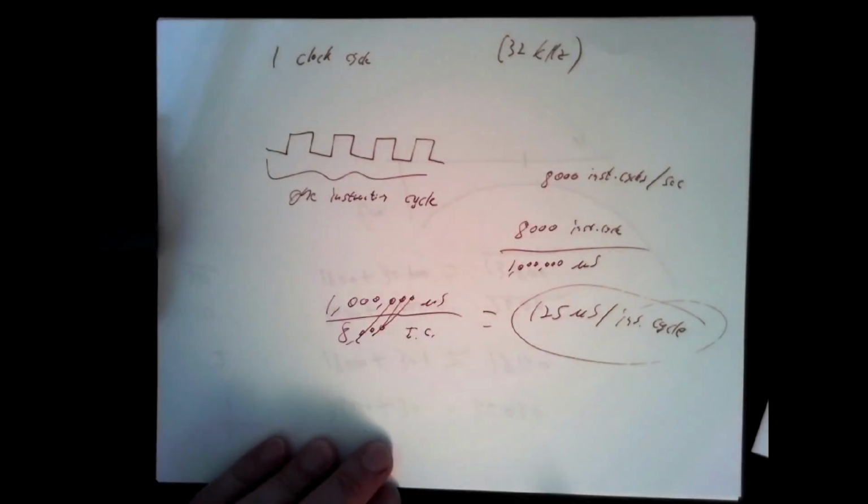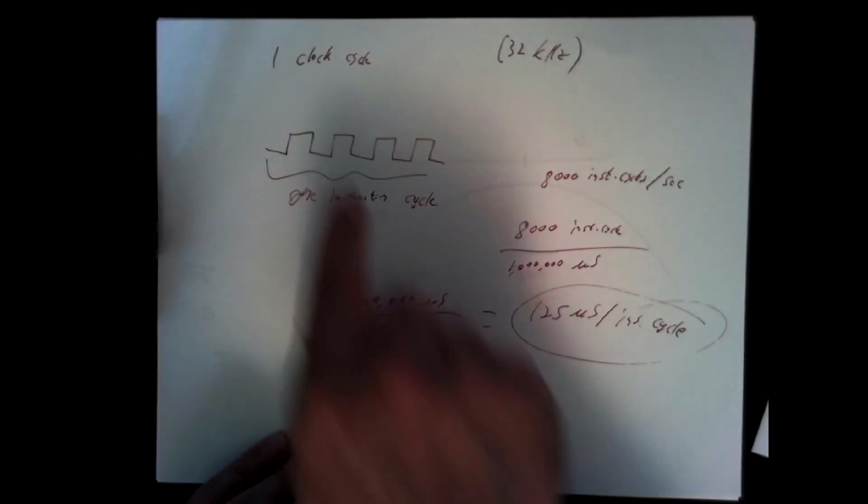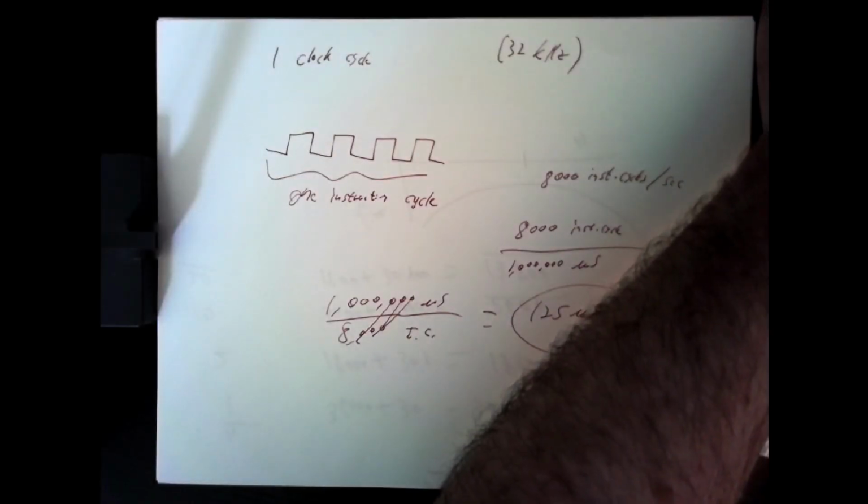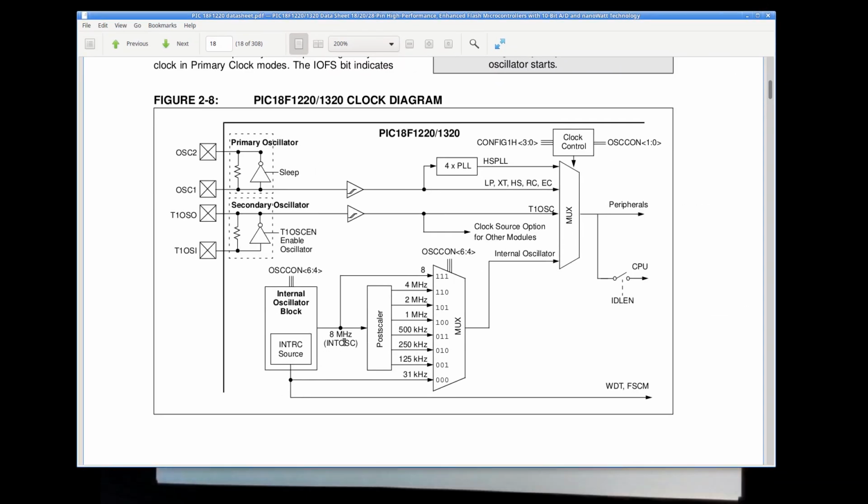So 1 instruction cycle, 4 clock cycles, and this system clock frequency determines how long one of these system clock cycles is. So basically take your system clock frequency, divide by 4, you get your instruction clock.